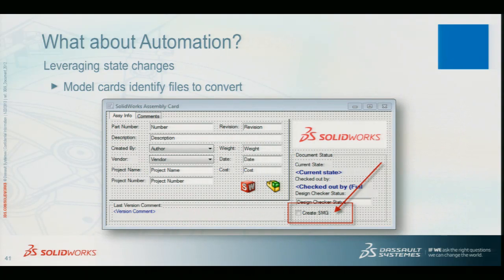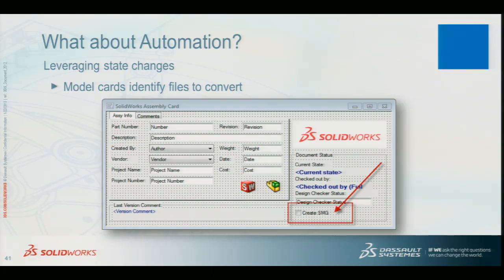Now, some additional automation to this is that I added a checkbox on both the assembly card as well as on the part card. So now I have the opportunity to choose, while that file is checked out, to say I want an SMG file for that particular document.